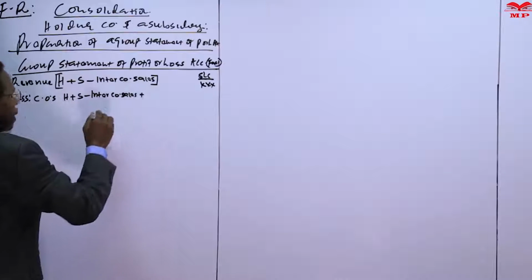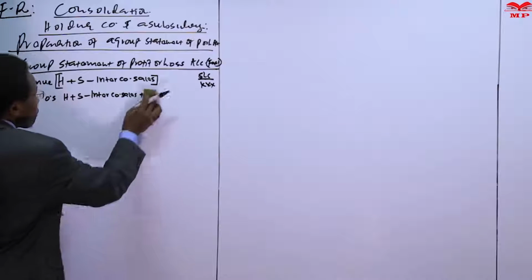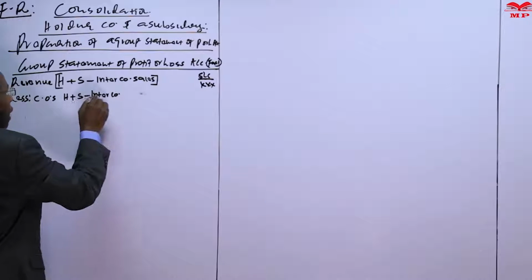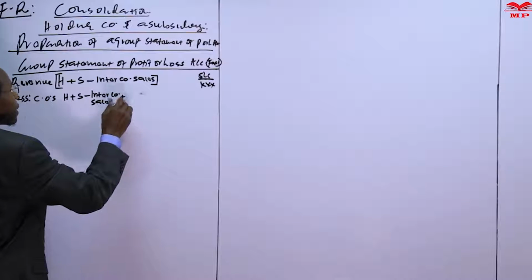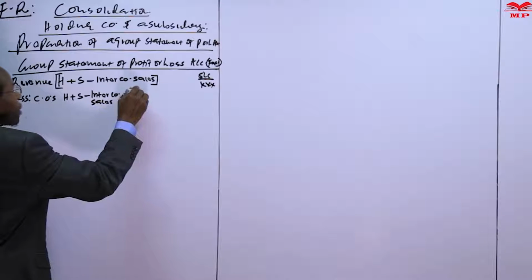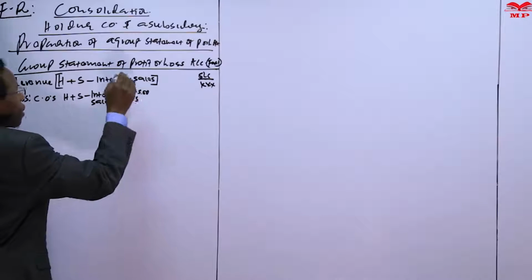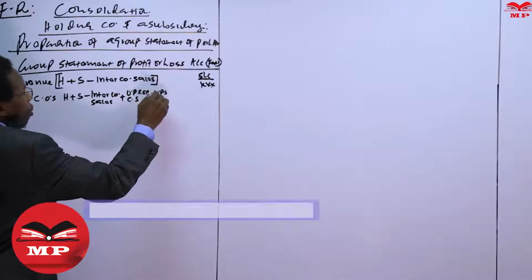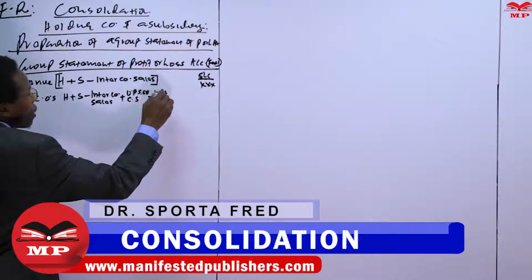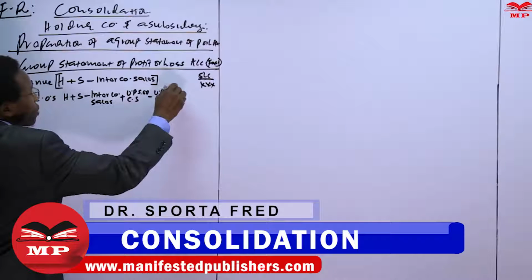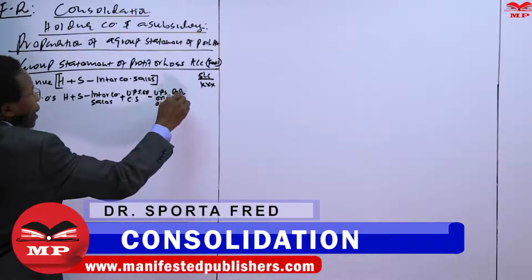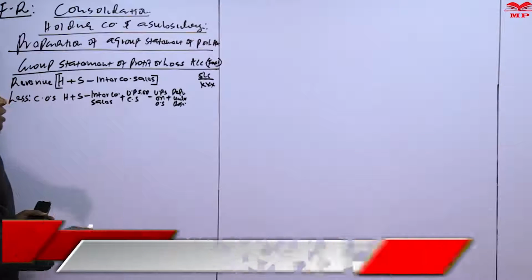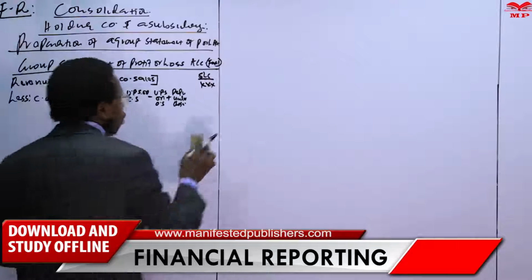You add intercompany sales plus unrealized profits on closing stock, minus unrealized profits on opening stock, plus depreciation undercharge. Then you also subtract depreciation overcharge.